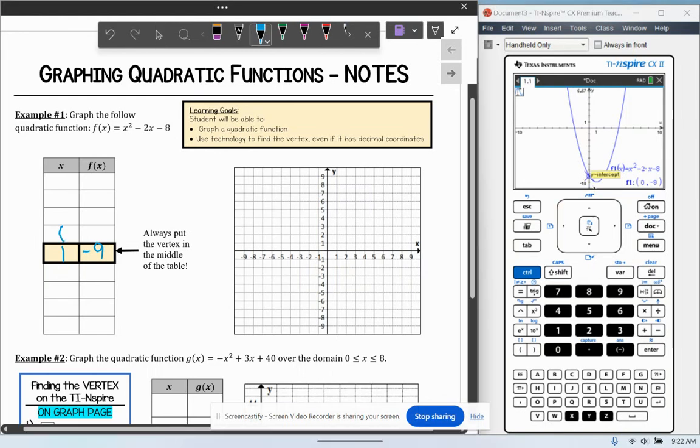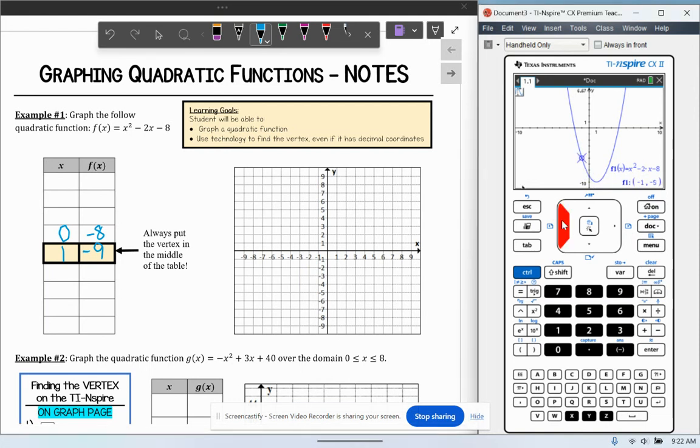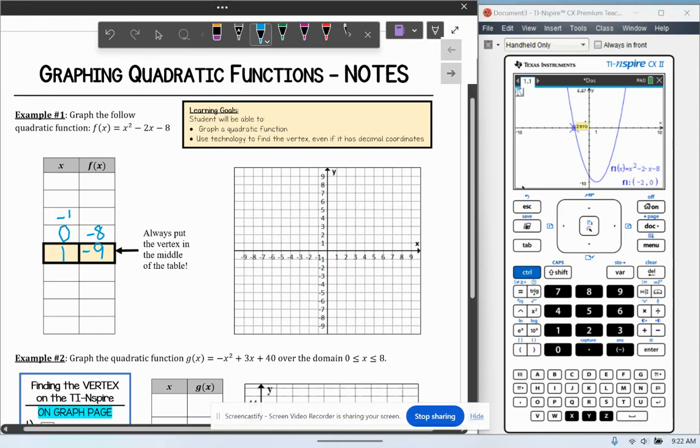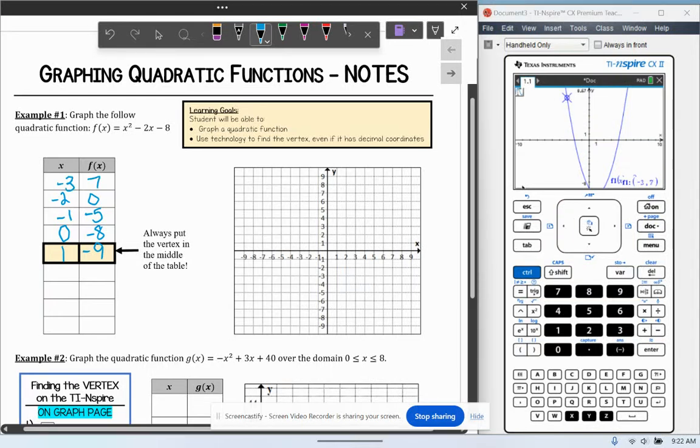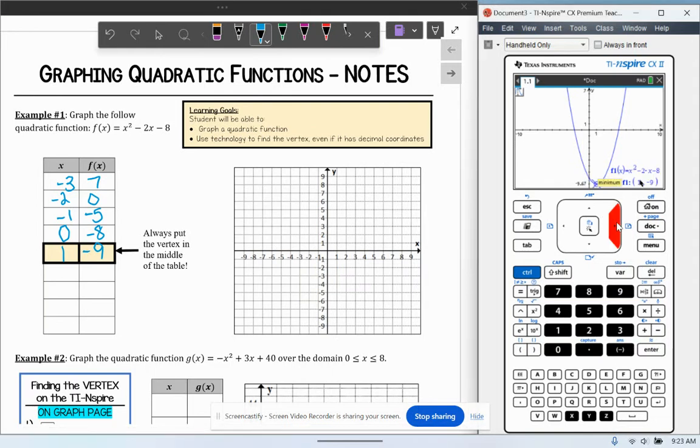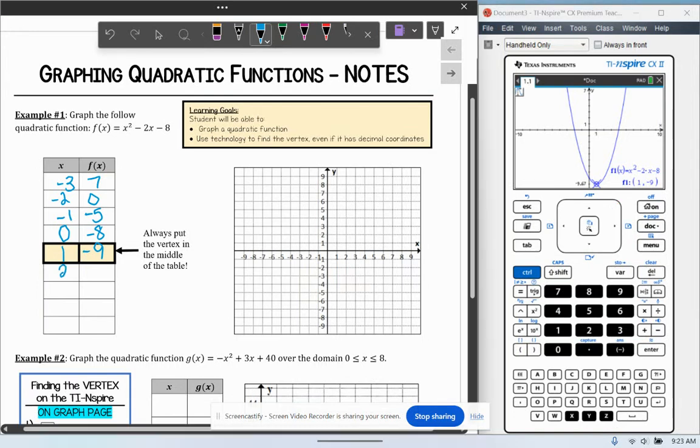So (0, -8), (-1, -5), (-2, 0), and then (-3, 7). We're just trying to get a bunch of points to cover the whole graph. Now, before I even go to my graph on the calculator, you will probably notice a pattern with the x's: -3, -2, -1, 0, 1, 2, 3, 4, 5.